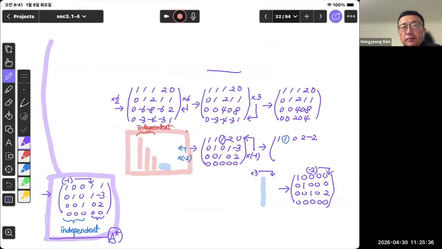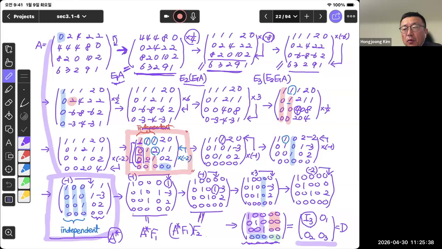Okay, so this is the formal proof, but let us go back to my example. Suppose my A was an n by n invertible matrix, say a 4 by 4 invertible matrix. When I arrive at the red box, you cannot have a row of zeros, first of all, right?